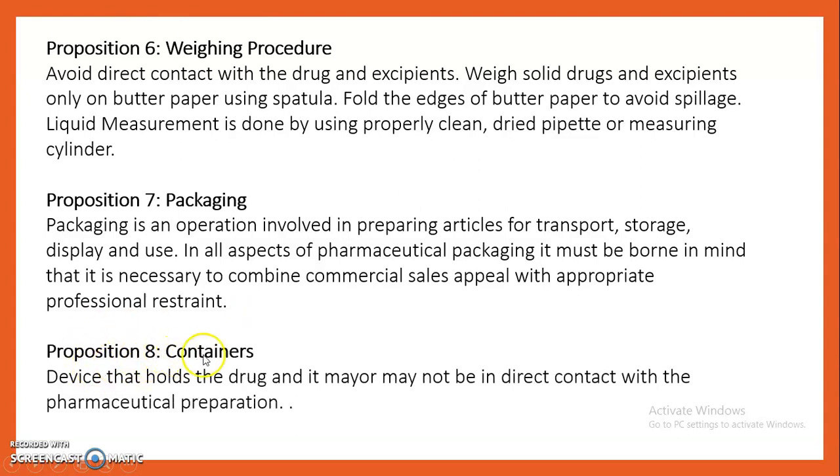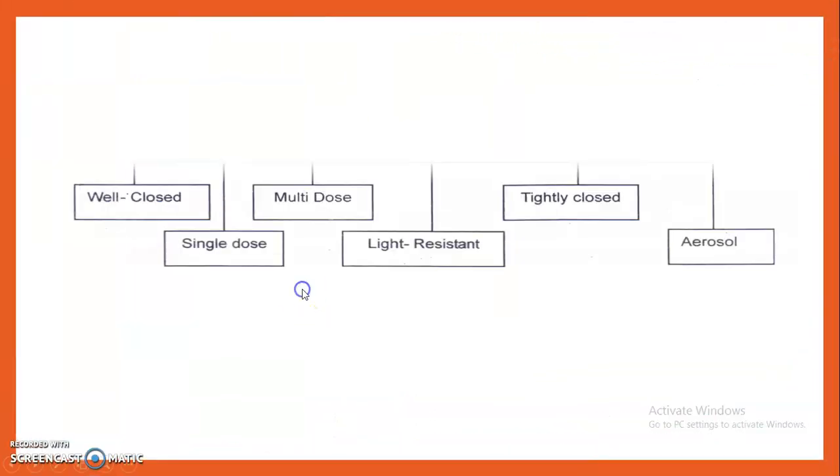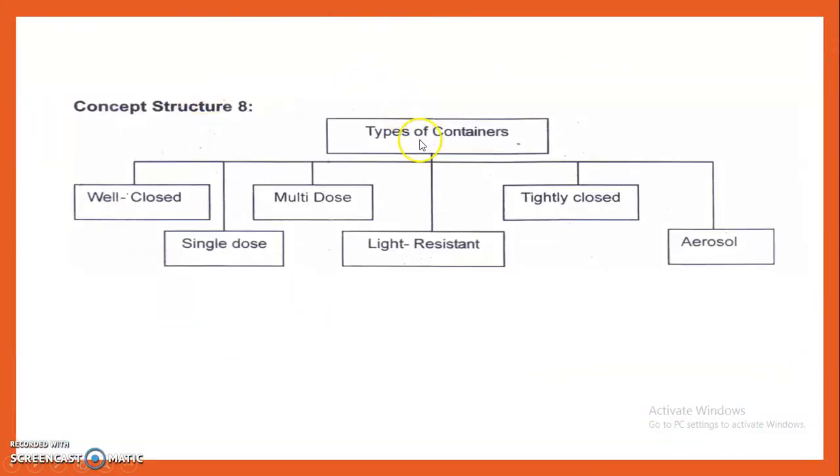Then the next proposition is associated with containers, the device that holds the drug. It may or may not be in direct contact with the pharmaceutical preparations. Concept 8 is types of container, in which we have to study well closed container, multiple dose container, tightly closed container, aerosol, light resistant container and single dose container.